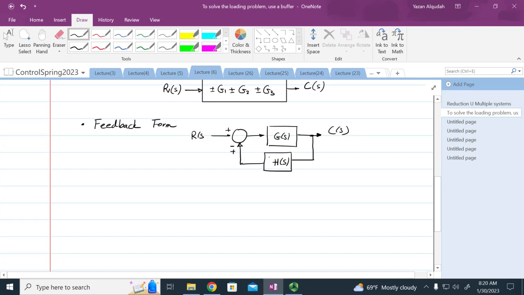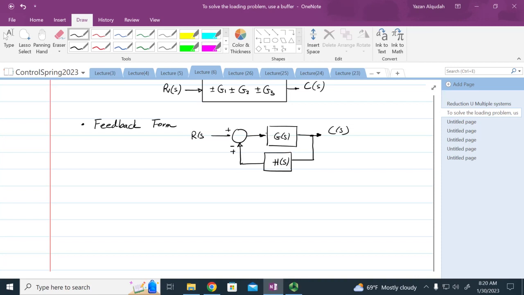What is this C of S represent? What does H of S represent? A transfer function. That represents what? Is it V out over V in? We're going to be seeing lots of this form in the class, but lots of times it's going to be just a unity.